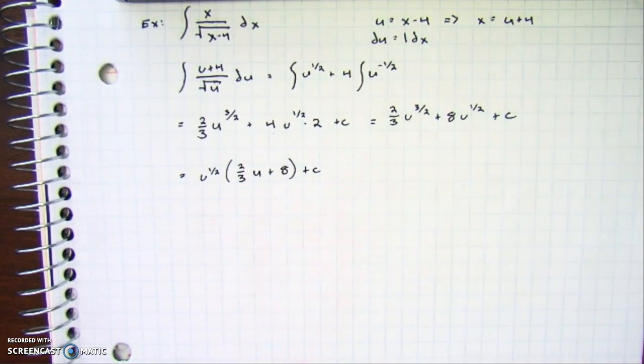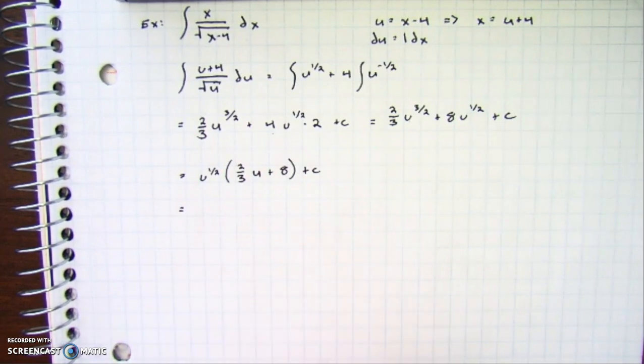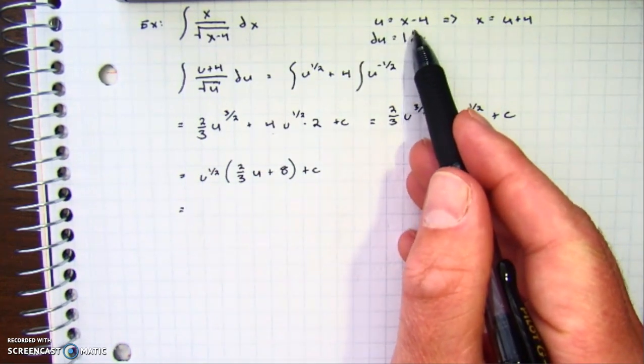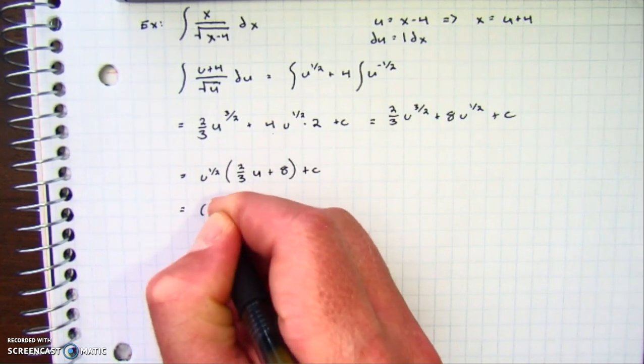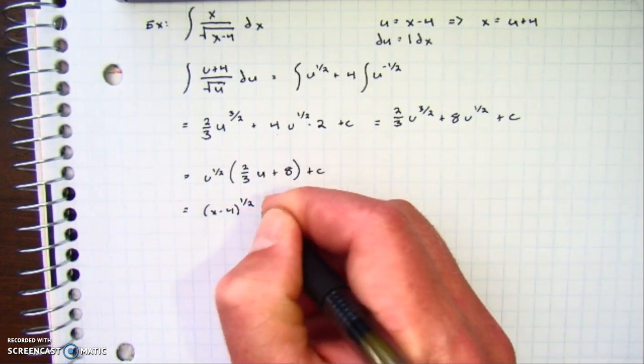Okay, so at this point, let's go ahead and substitute things back in, and it's going to get a little bit hairy for a bit, but don't worry, it'll work itself out in the end. So my u is x minus 4, so I've got x minus 4 to the 1/2.